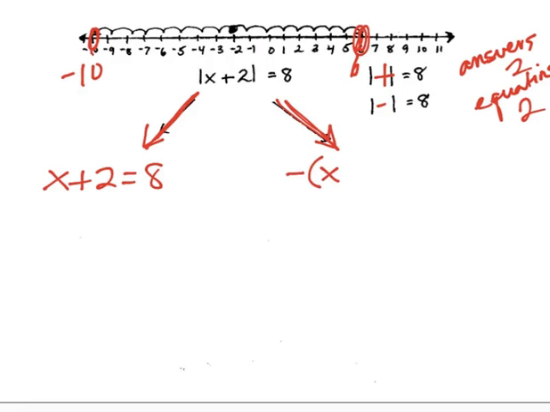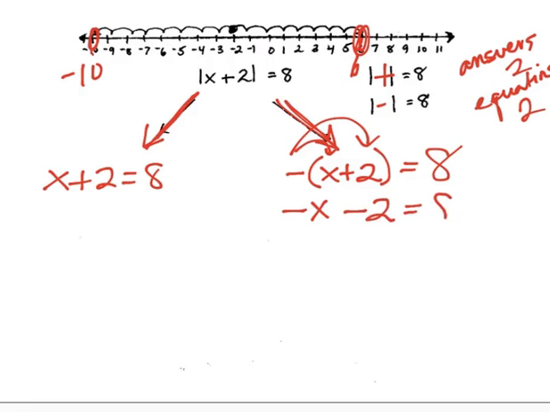This has to be the opposite of the other one. It has to be the negative of the other one, doesn't it? Well, if I distribute that negative, which is what I'm supposed to do, that's -x minus 2 equals 8, because the inside of the function can be positive, x plus 2, and it can be negative, -x minus 2.